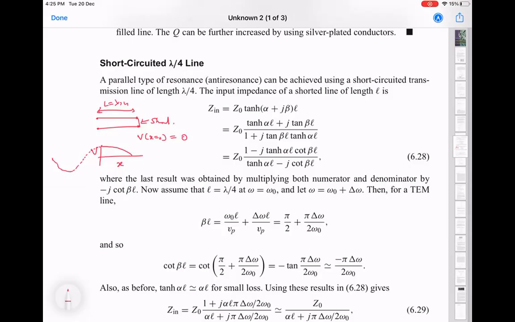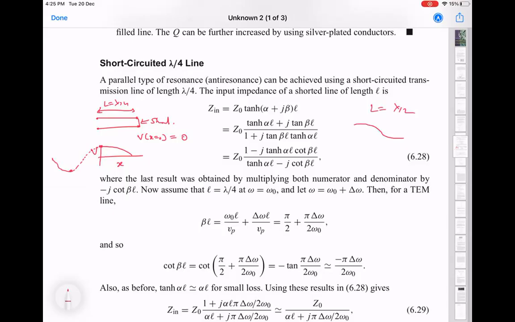Now, if this was lambda by 2, then depending on whether both sides are short or both sides are open, your voltage wave will look something like this. You can think of this as going from here to here, just with the signs inverted.